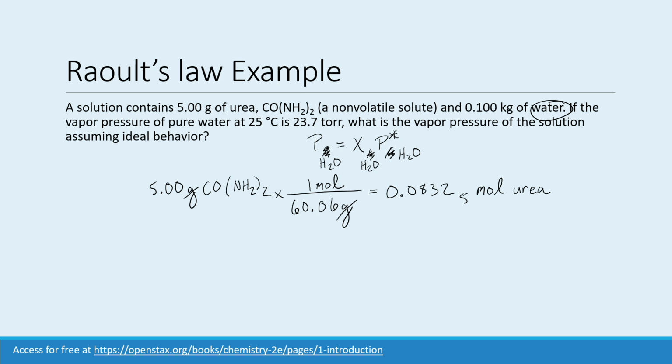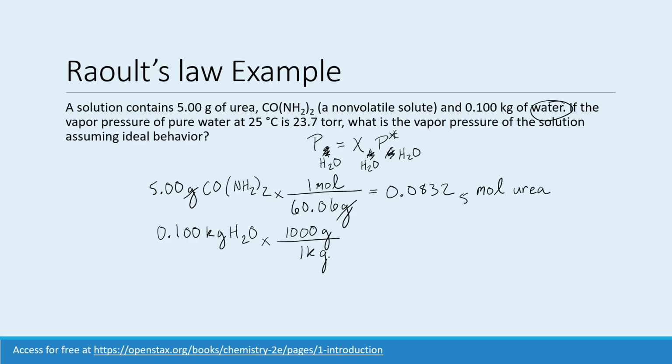Okay, we're going to do the same thing with the water, but of course the issue is that instead of grams, they are giving us kilograms, so 0.1 kilograms, and we will first need to convert that to grams by multiplying by 1,000.